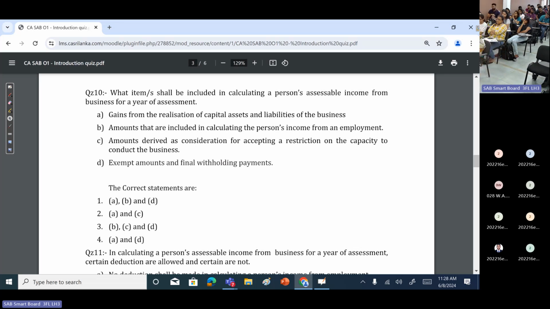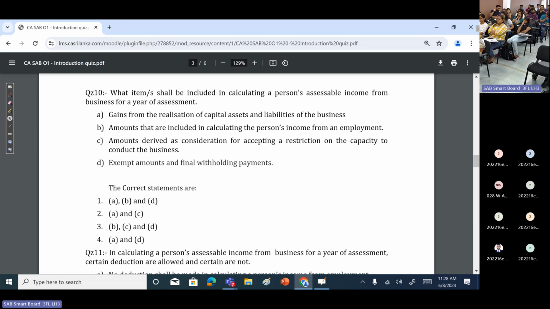When we work out the taxable income, first we have to work out the assessable income, removing the exempt amount and final withholding amount, which we work out separately. So final withholding amount shall not be part of assessable income. Therefore, this is incorrect. The answer is incorrect: A and C.